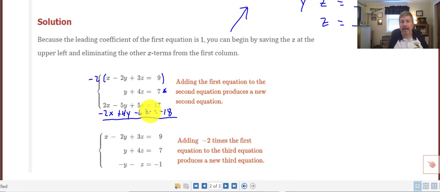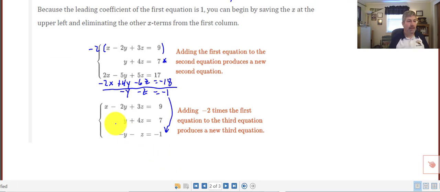When we add that to the third equation, the x's drop out. We end up with negative y minus z equals negative 1. So that produces a new third equation here. We just bring that down.